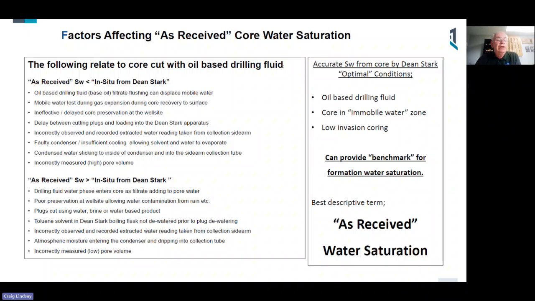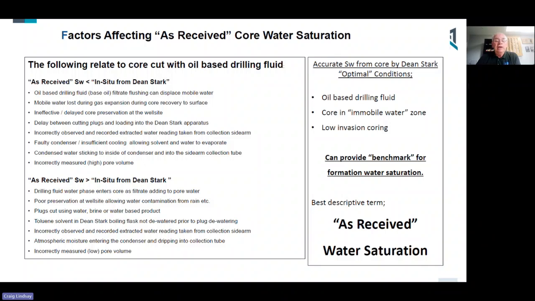We hope we don't have any of those, and I'm sure at Corex they follow every step to make sure this doesn't happen. Other things are less common, but if the core's been exposed to water, say at a well site, that will increase the water saturation.